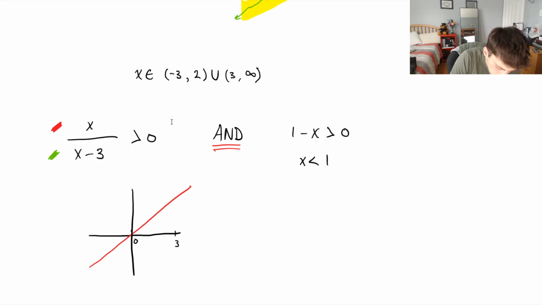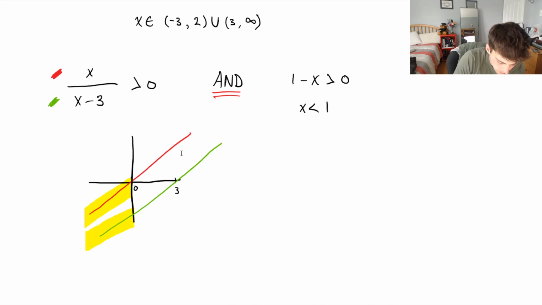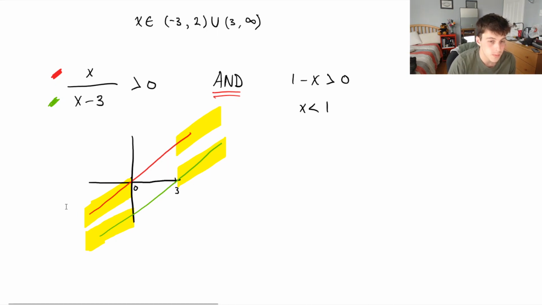And they're going to have the same slope, right? So you can see here that they're both going to be negative when x is less than 0, right? And they're both going to be positive when x is greater than 3. So those are our two regions.